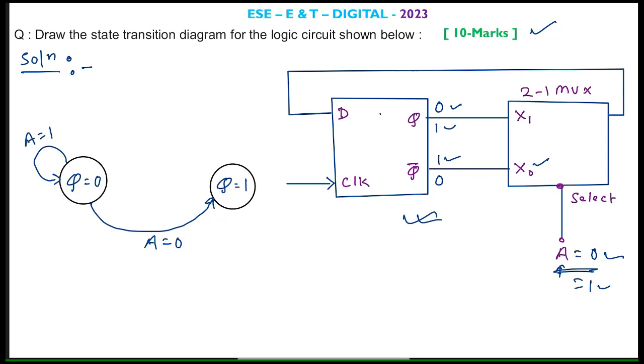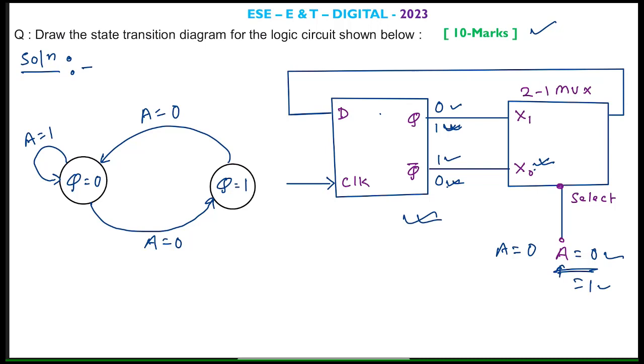If Q is 1 and A is 0, it is going to select the X0 line, which has the input of 0.